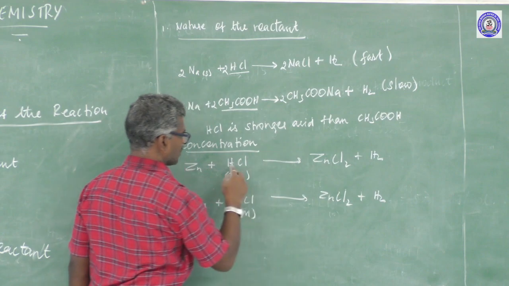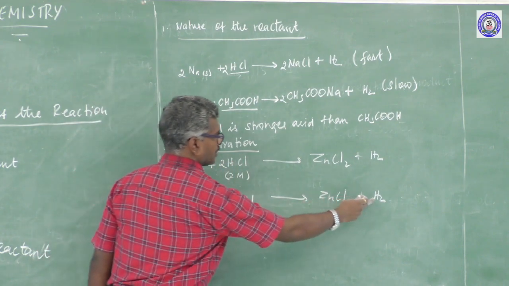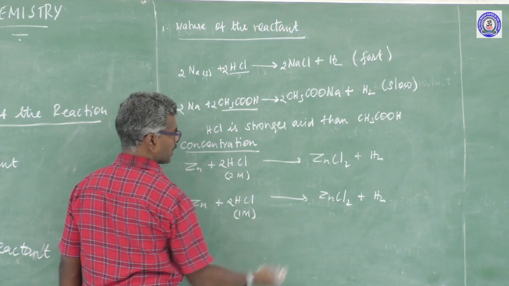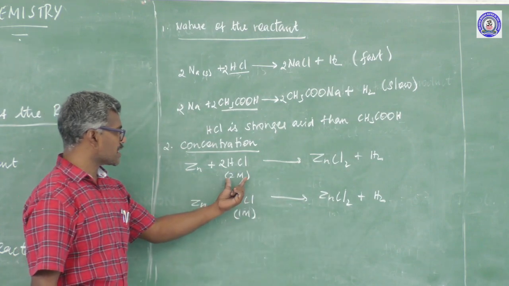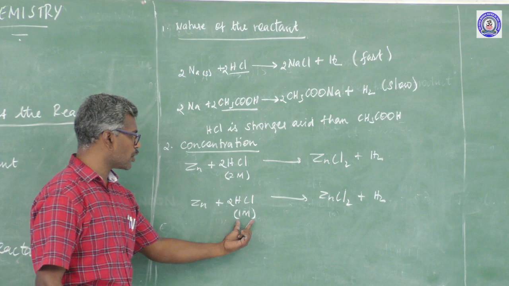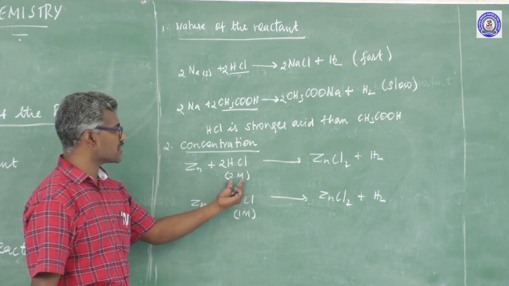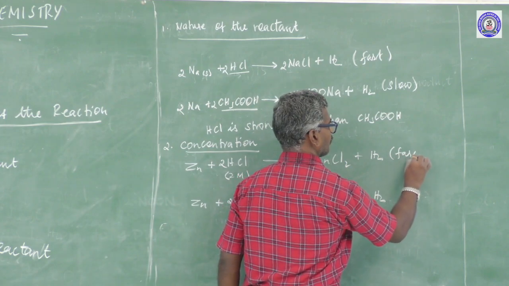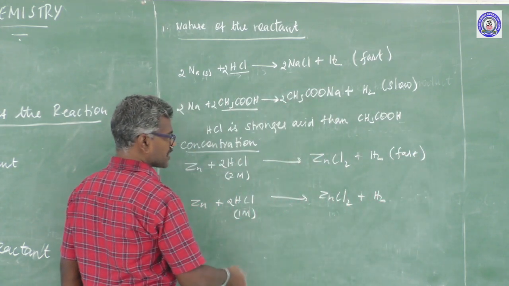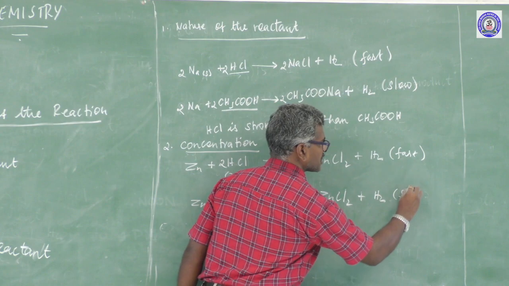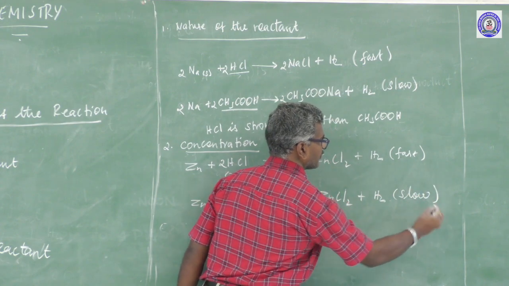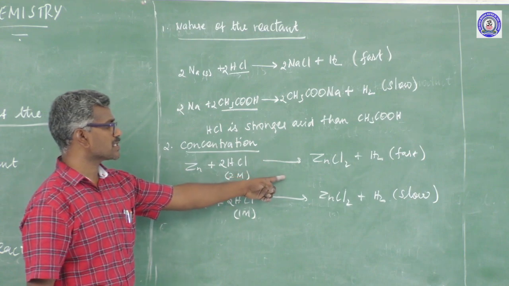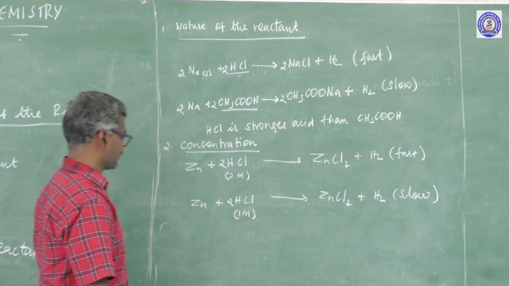Here the concentration is 2 mole and here the concentration is 1 mole. The higher the concentration, the faster the reaction. Low concentration will be a slow reaction. So if concentration increases, the rate of the reaction also increases.